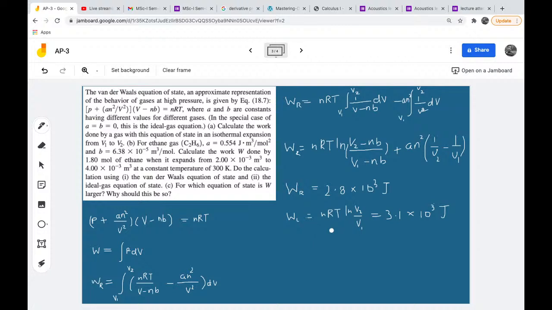Why would it happen more? Very simple. There are no intermolecular forces to hold the molecules back. Therefore, the expansion will always happen more in this case. So that is your answer.